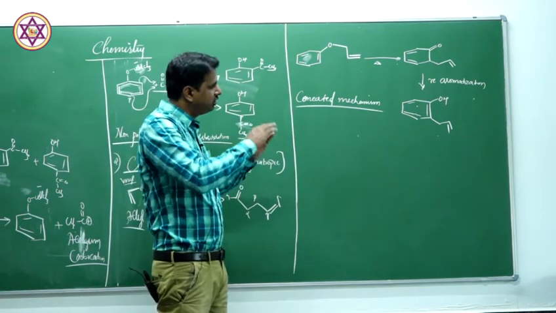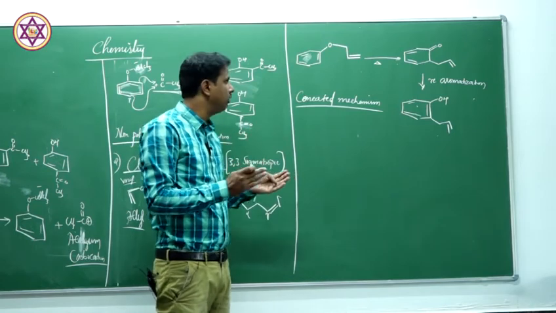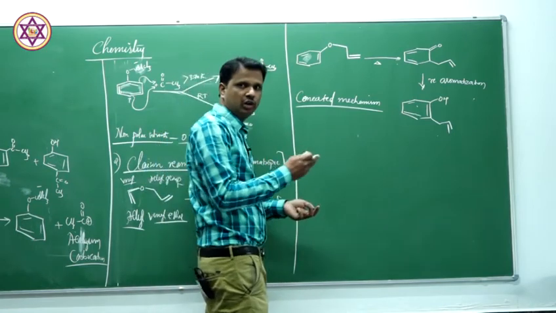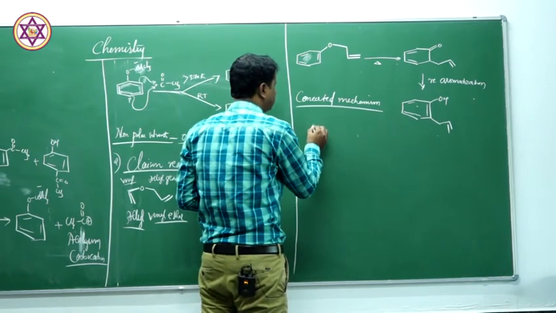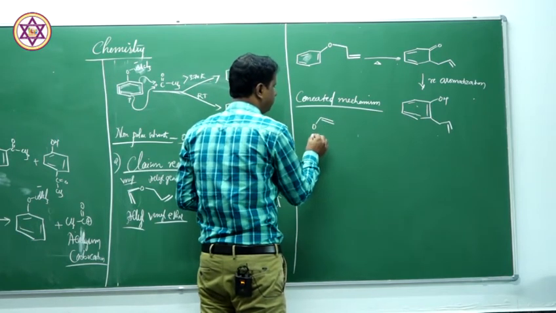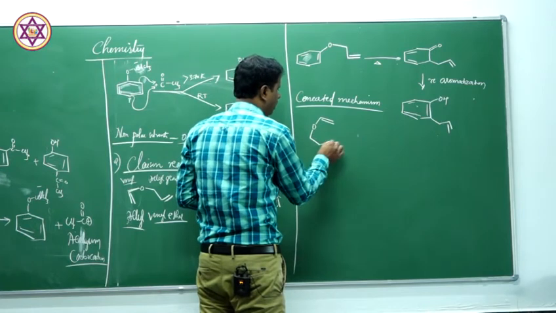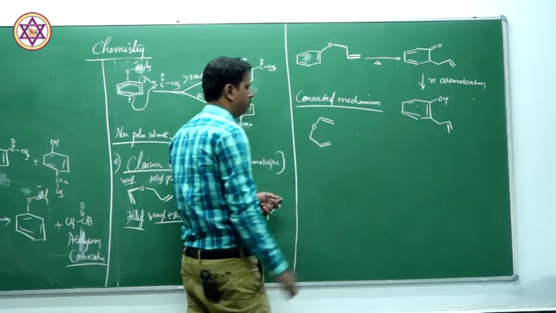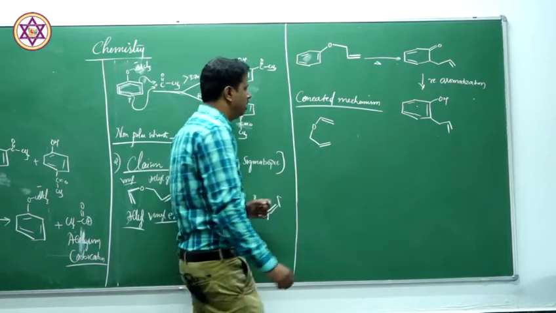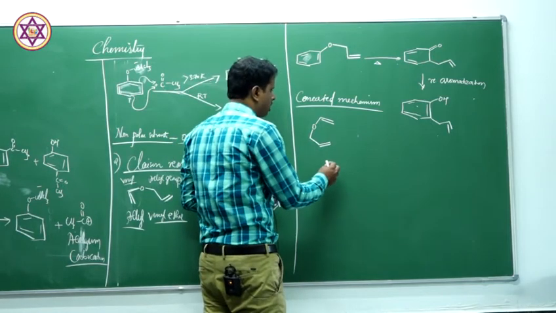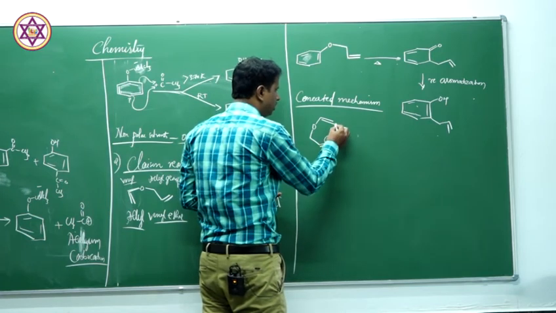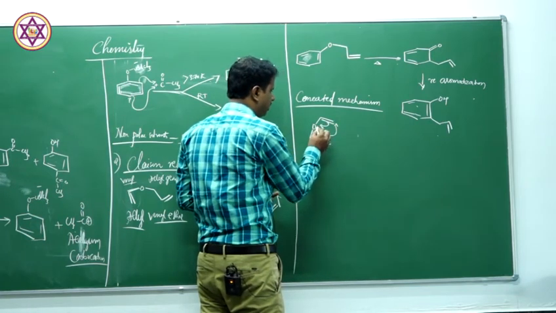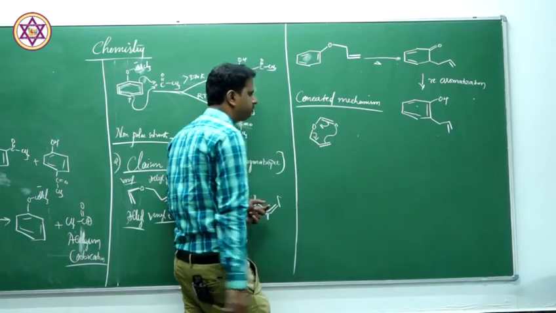Now, just to make it understandable, I'll write the bond delocalization structure for you. First we'll write it like this. This is the vinyl group and this is the allyl group. Now I'll show you what happens. Simultaneously, this pi bond goes here, this one comes here, and this comes here.